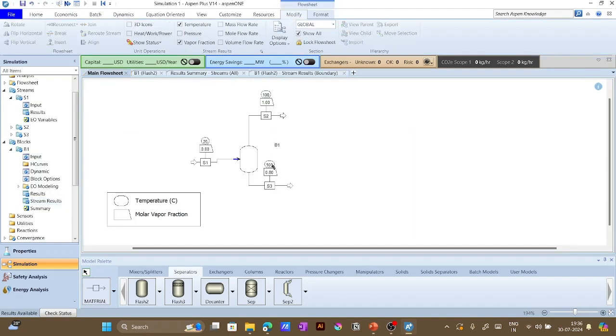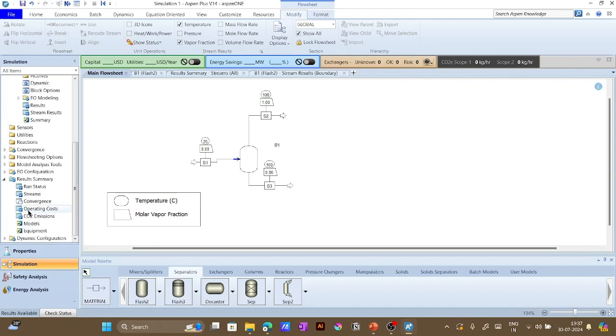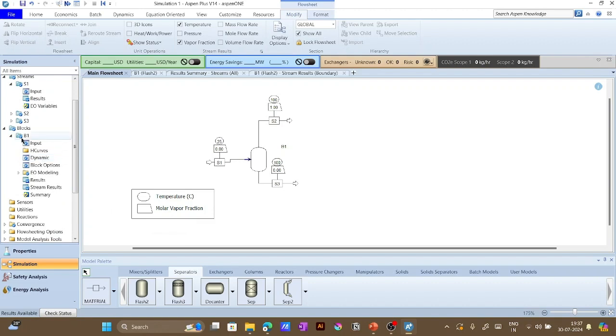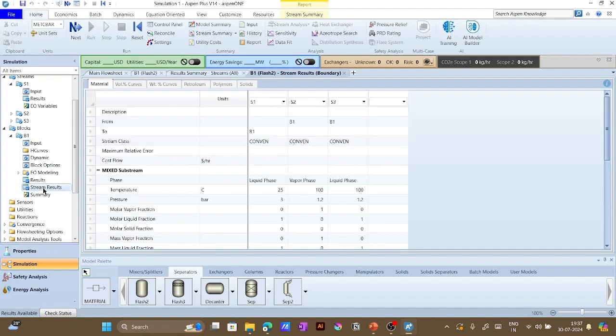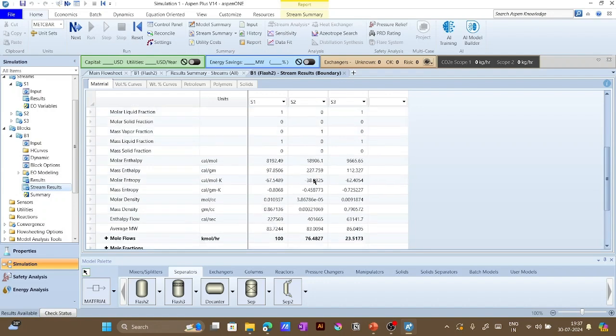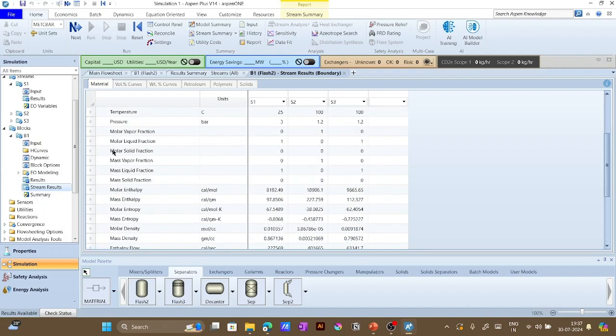Right now we only have block 1, but let's say you have multiple components: you have a flash drum, then the vapor of that flash drum goes into a compressor and is processed further. When you see the result from the section where you see the stream results, you will get the data of all of them, but I just want to see the streams related to my block only, like my flash drum which I am currently interested in. So you can go to that block and see the stream result of that block. Only streams which are associated with that particular block you will see there. So these are various ways of seeing the results.